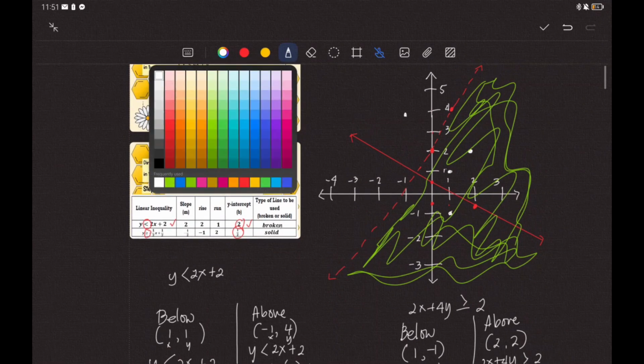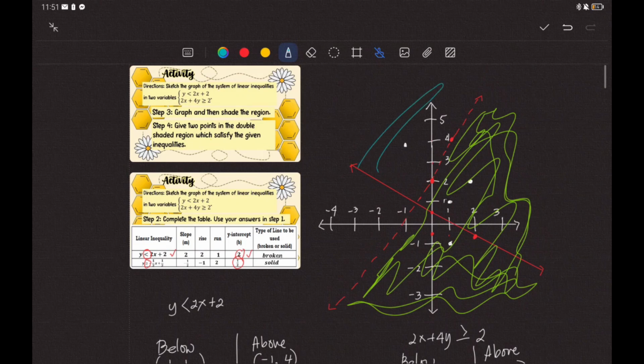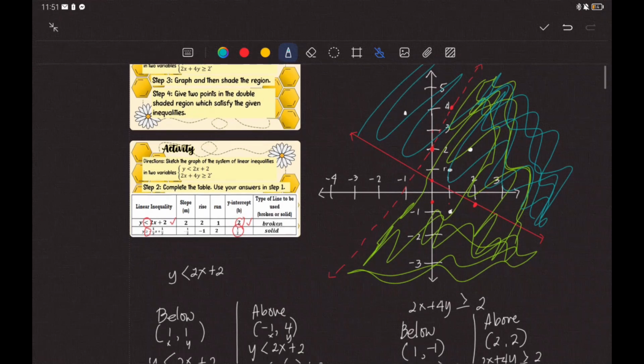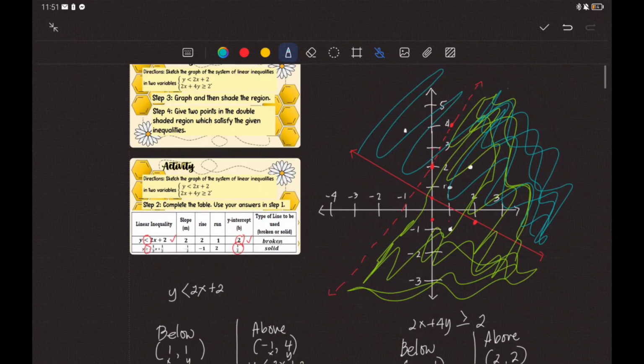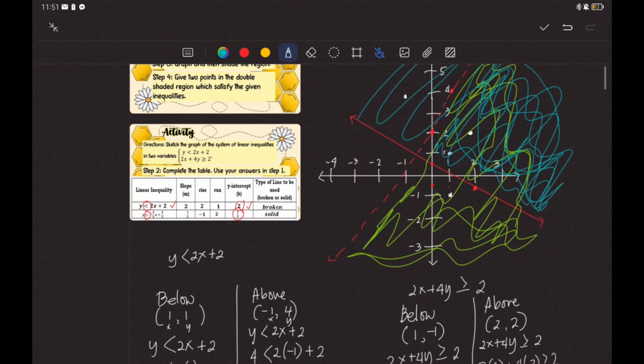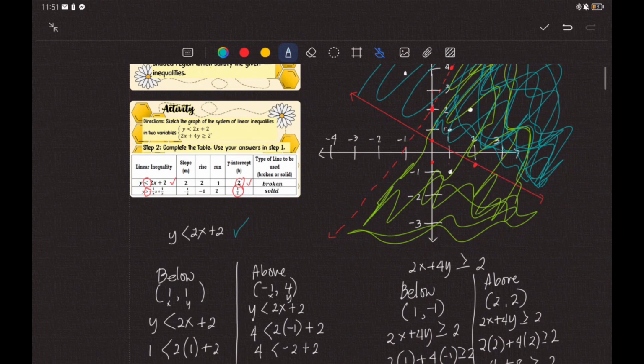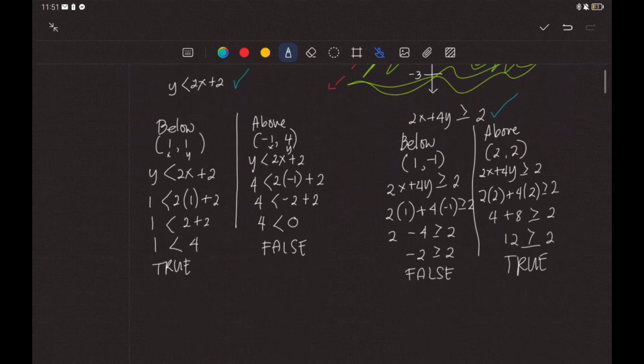So this is our above part. Okay. Now this is our shaded region, or the double shaded region, which contains the solutions for the inequalities y is less than 2x plus 2 and 2x plus 4y is greater than or equal to 2.